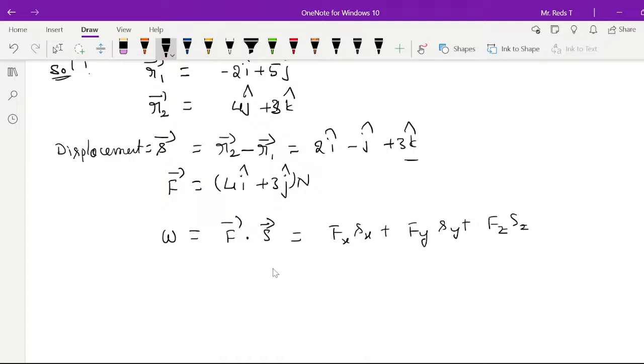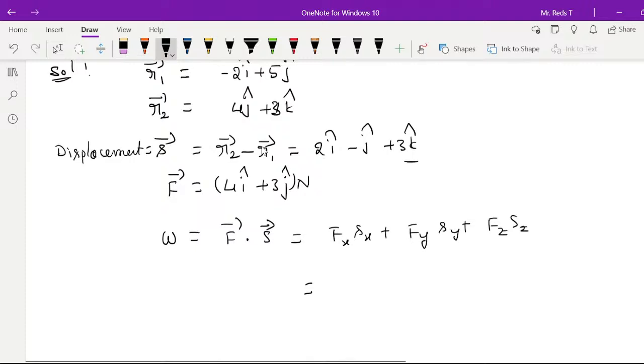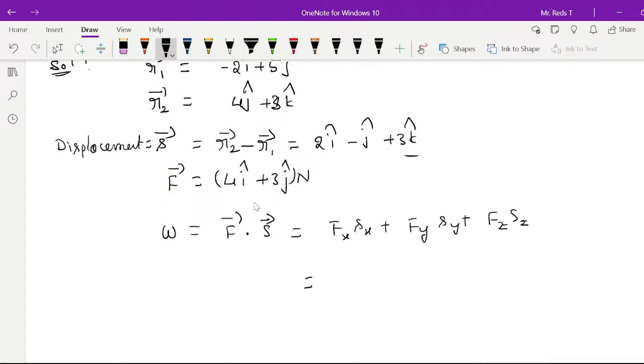F has i, j and k components; the k component is 0. The x components are 2 and 4, so 2 into 4 is 8.